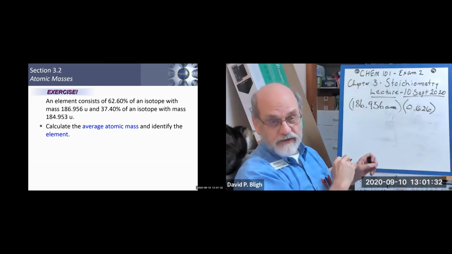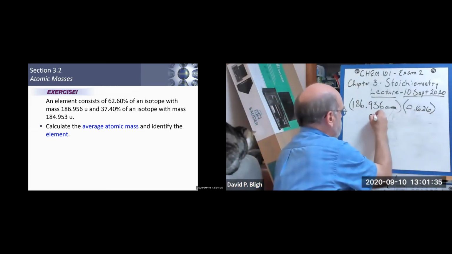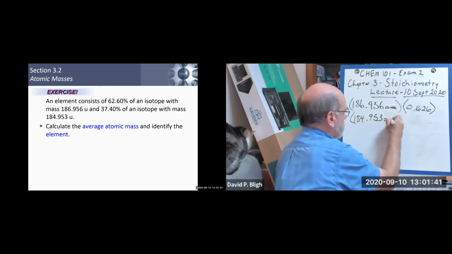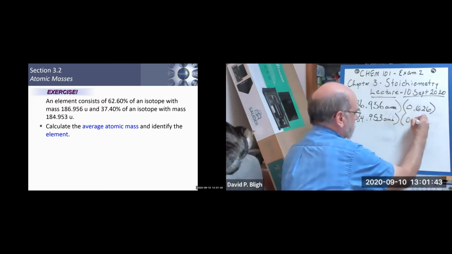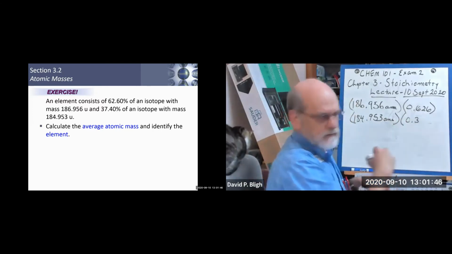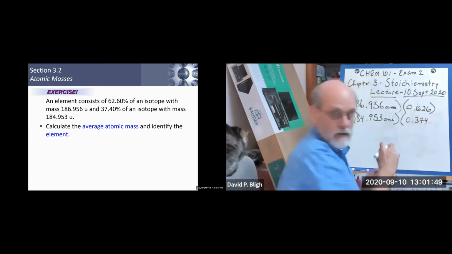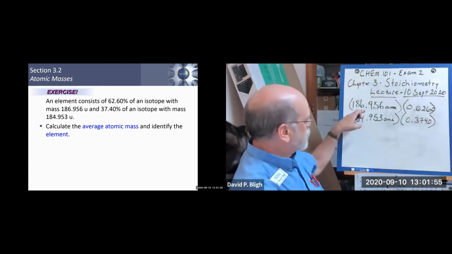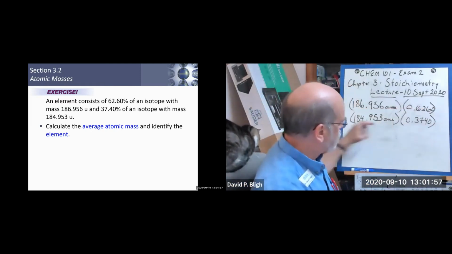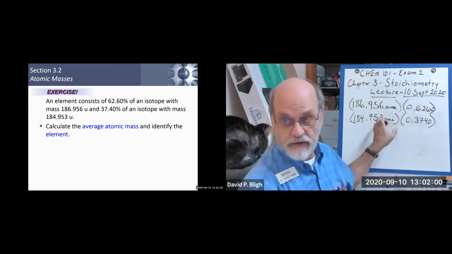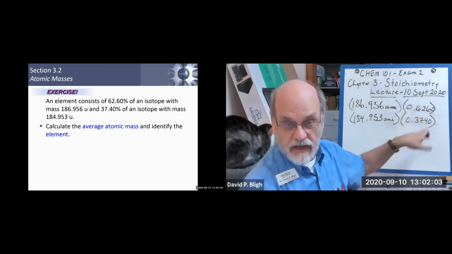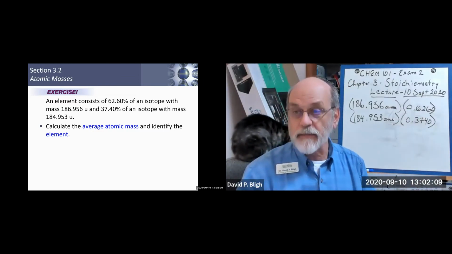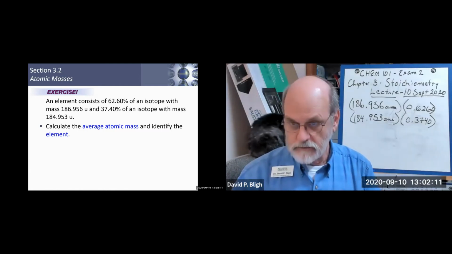And then the other isotope is 184.953 times 0.374. So you're going to get a value here and a value here, which will be less than these by that factor. And then you add them together. And that's your average atomic mass units for this element.